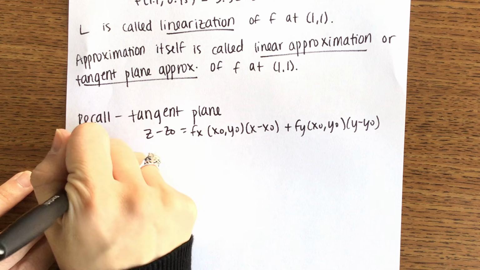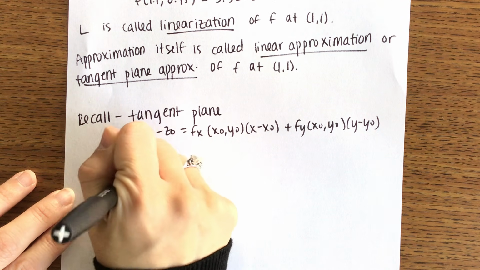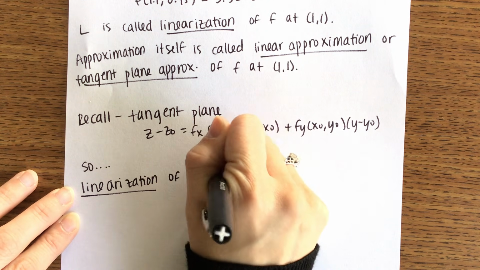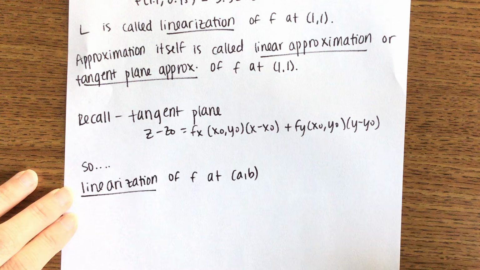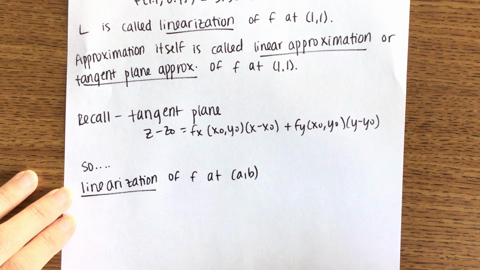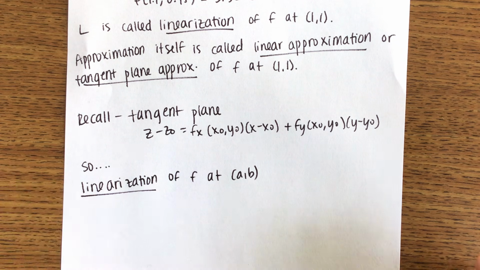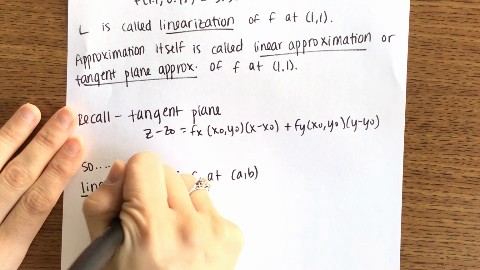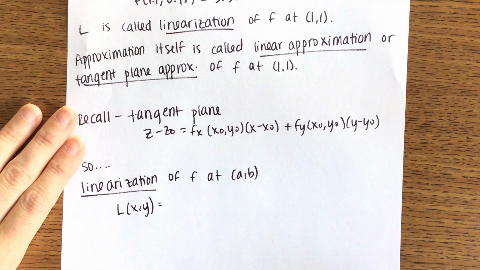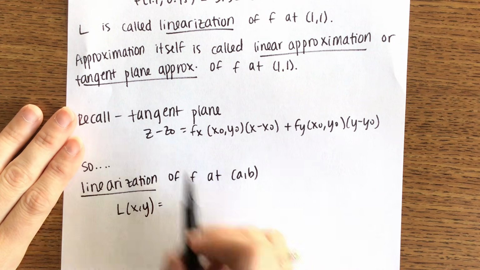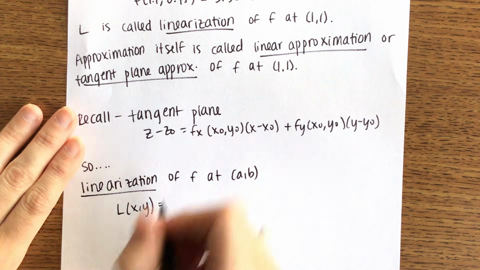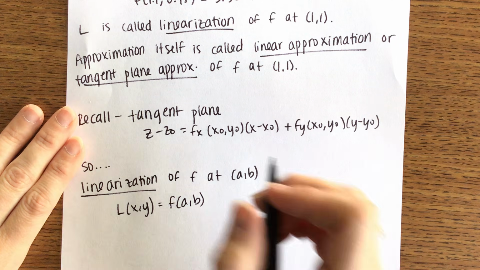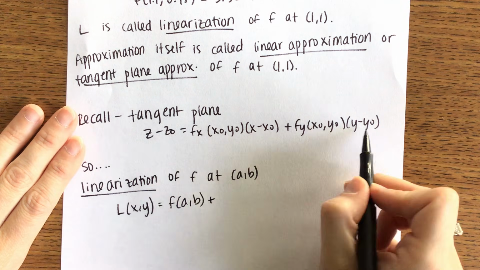So then, the linearization of f at some point AB. Linearization is the equation of the tangent plane, but we want it solved in terms of z. So it's going to be L of xy. If we move z naught over, that's really f of AB. And then you're plugging in A and B here.